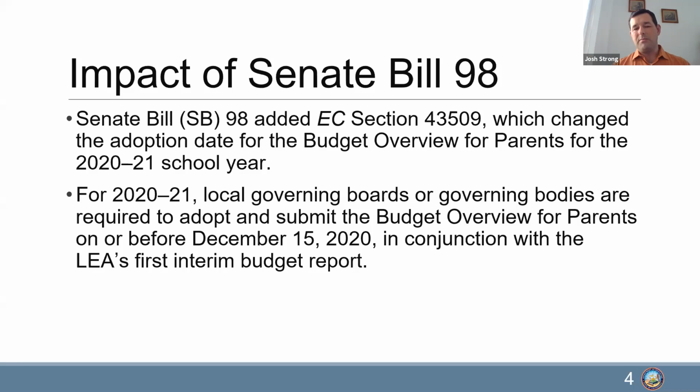And so Senate Bill 98 added Education Code Section 43509. This changed the adoption date for the budget overview for parents for the 2021 school year, tying it to the LEA's first interim budget report, due on or before December 15th of 2020.